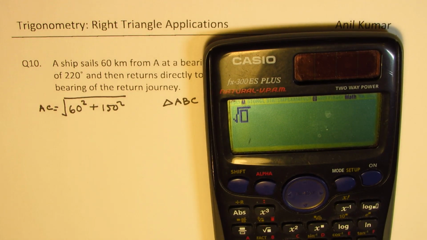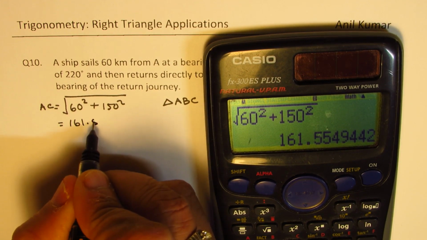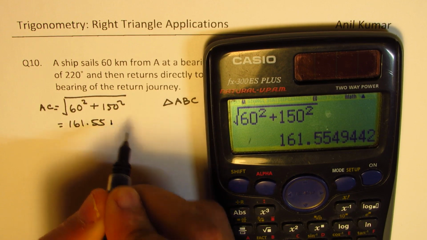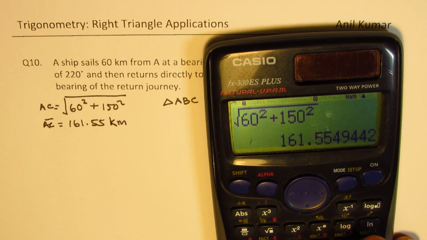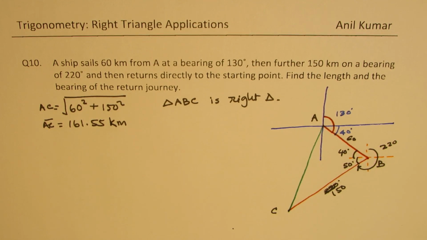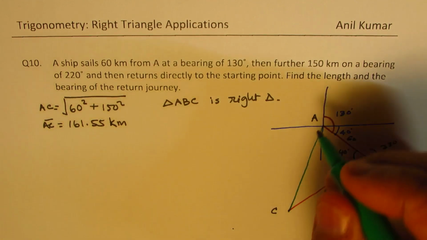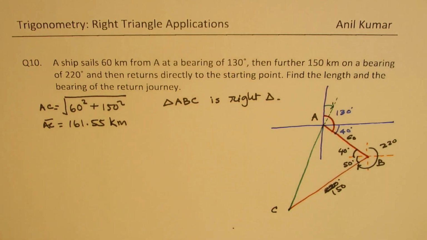The square root of 60 square plus 150 square, which in decimal is 161.55. The units are kilometers. So the ship has to return 161.55 kilometers. Now we need to find the bearing angle.